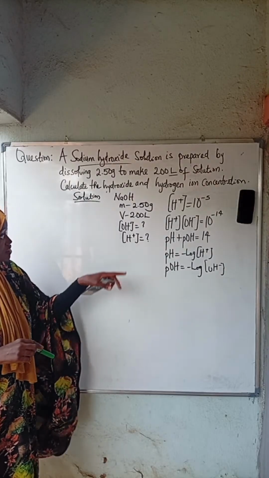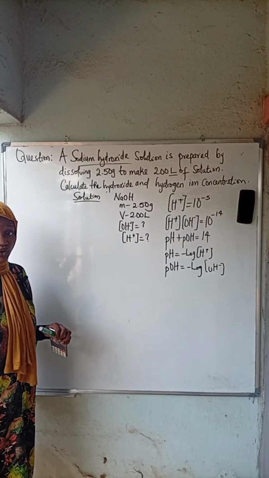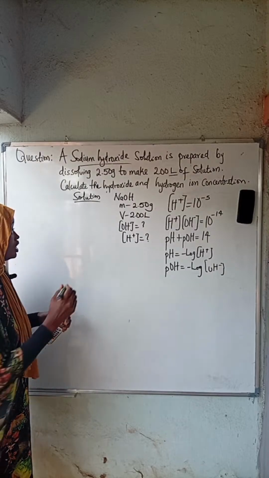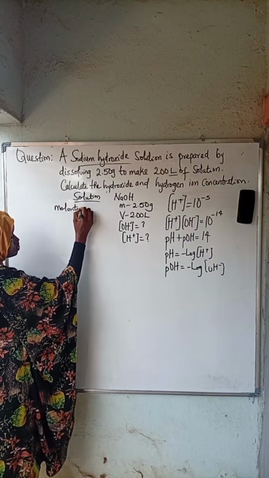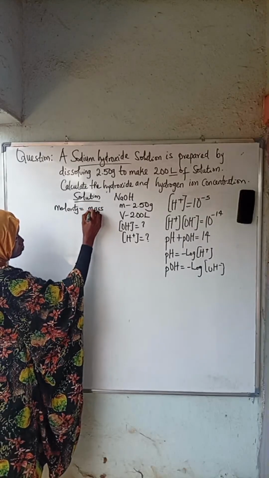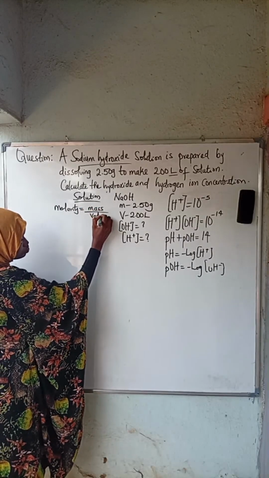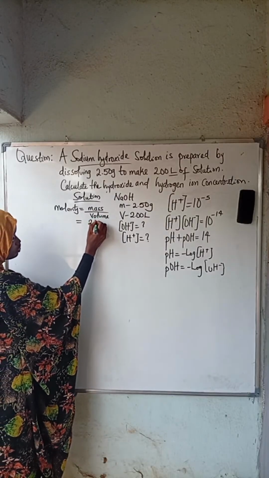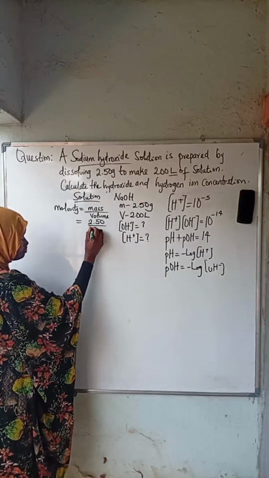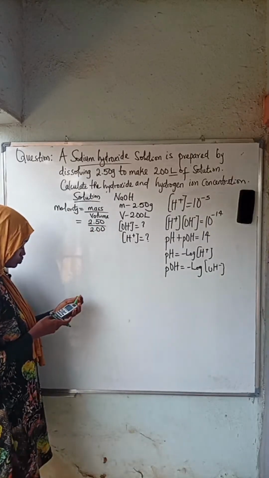So looking at this, we need to calculate the molarity. And the formula for molarity is equal to the mass divided by the volume. So this will give us the value for the molarity. So the mass is given as 2.50 divided by the volume, which is 2.00. Okay?